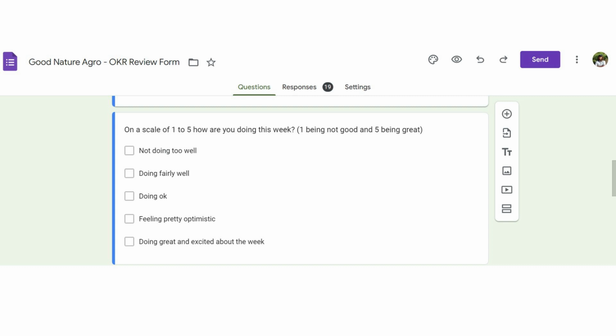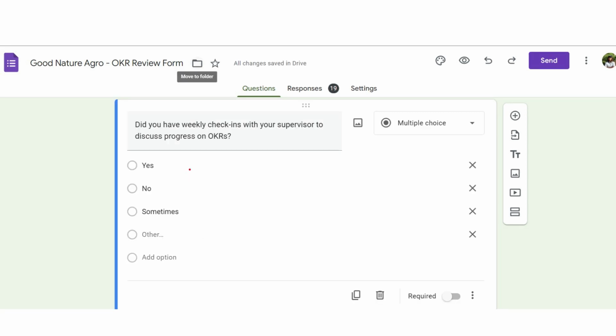The OKR review process also gives you a chance to reflect on the number of times that you've had a chat with your supervisor. Did you have regular conversations with your supervisor about your performance? Did your supervisor take the time to support you in the achievement of your OKRs?